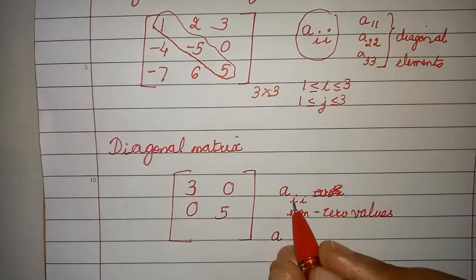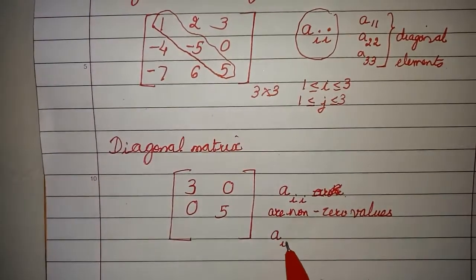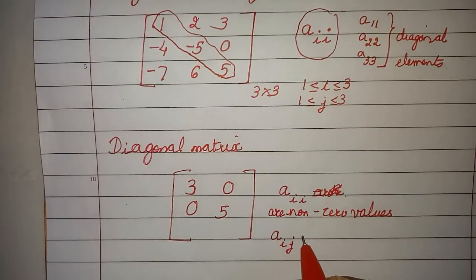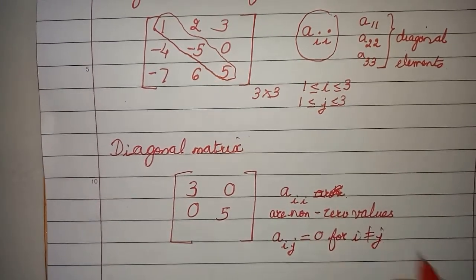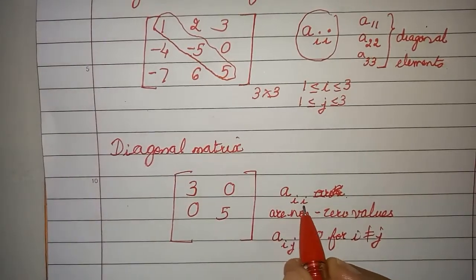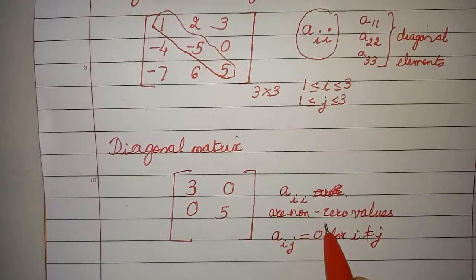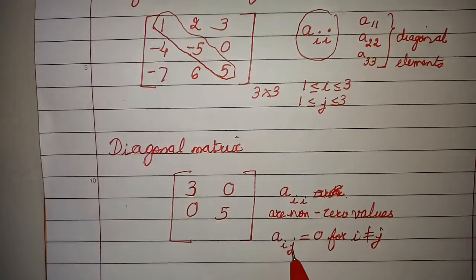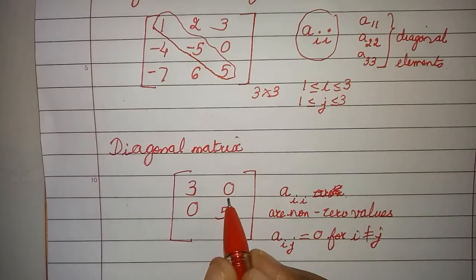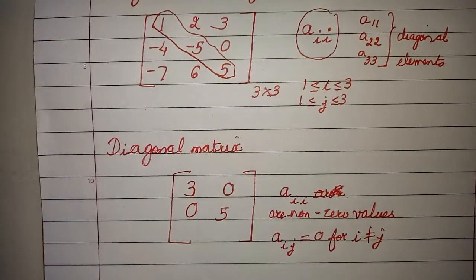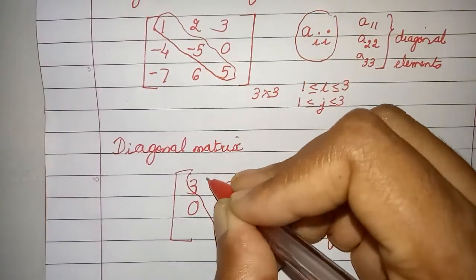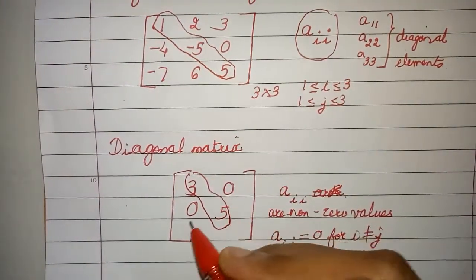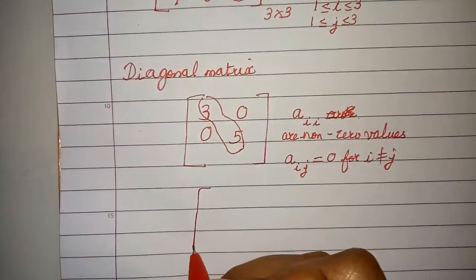That means your a_ii are non-zero and all other a_ij are 0 for i not equal to j. That means a11 is non-zero, a22 is also non-zero, but a12 and a21 are 0. Such a matrix is called a diagonal matrix. That means your diagonal entries are non-zero and all the non-diagonal entries are 0.